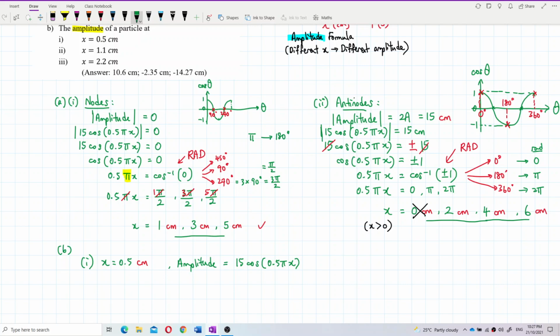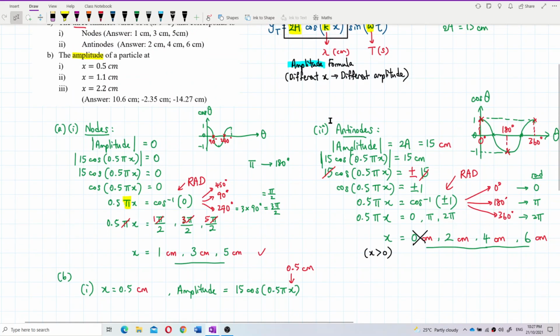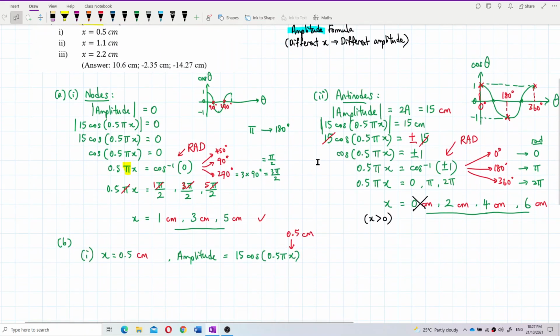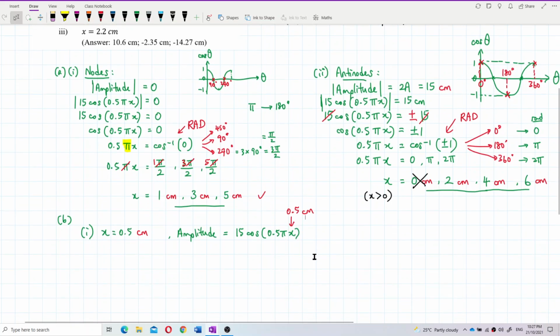Then substitute your x value here, 0.5 centimeter. Be careful, because your x is in centimeter. Okay, never mind, just substitute your x there.